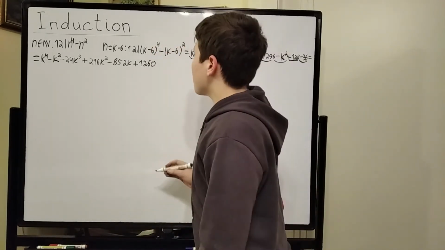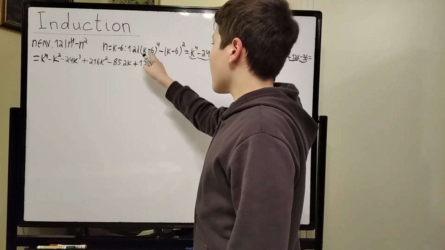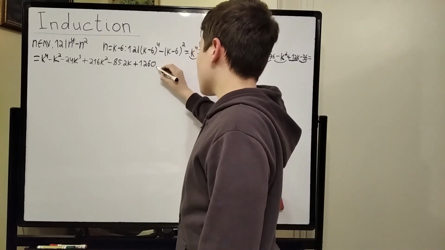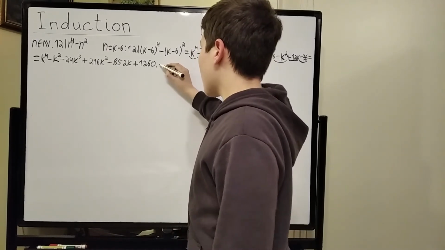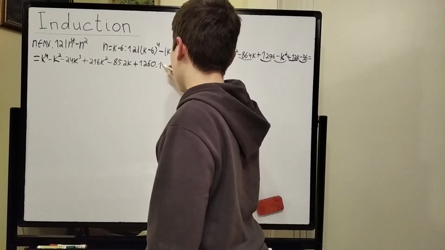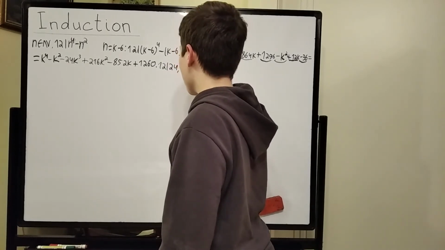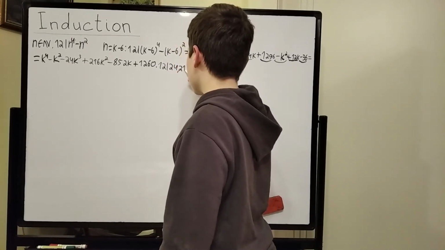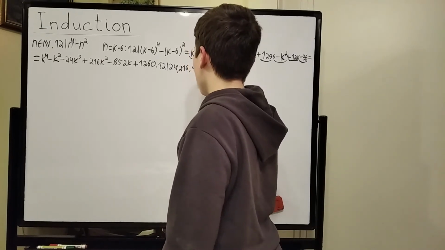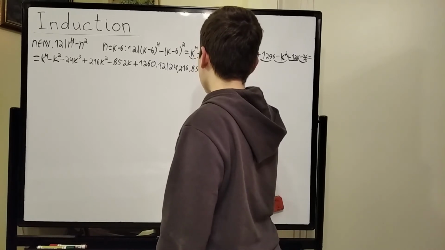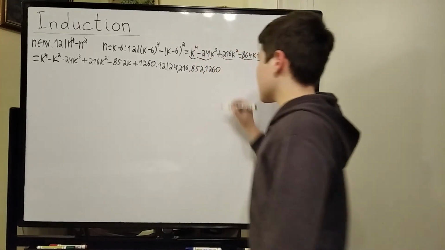Now, 12 divides into all of this. Now I want to see that 12 goes into 24, 216, 852, and 1,260.